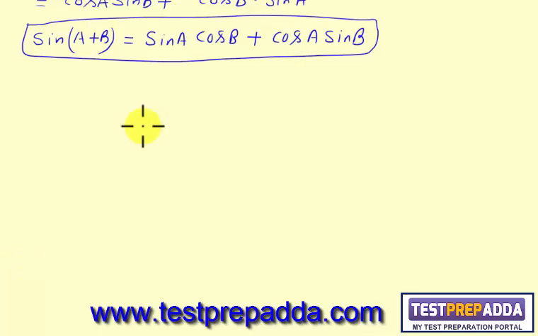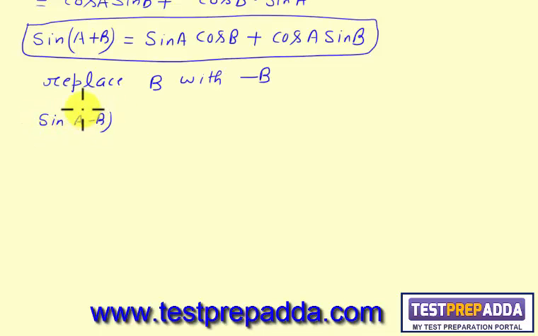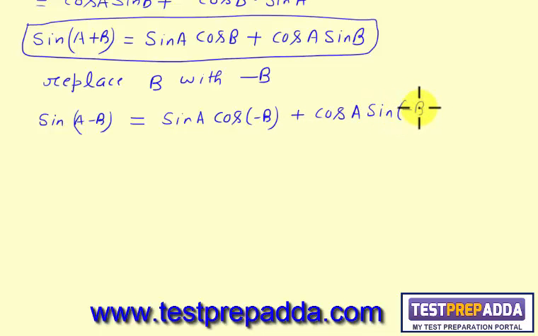Now, if I replace B with minus B, then it becomes sine A minus B. And here sine A will remain sine A, but cos B you have to write as cos minus B, plus cos A will remain cos A, but sine B you have to write as sine minus B. Now recall previous sessions of trigonometry.